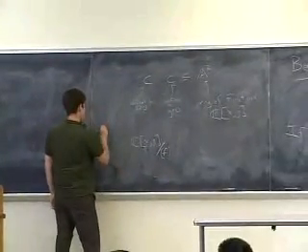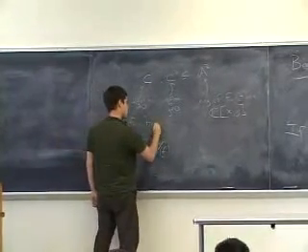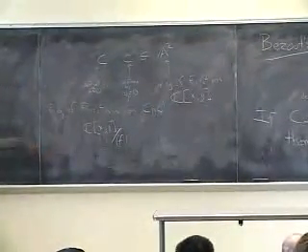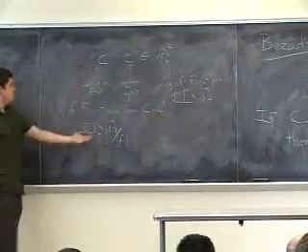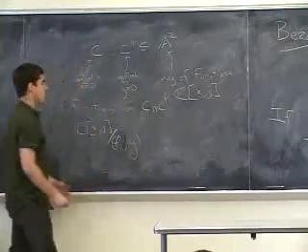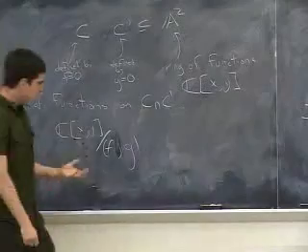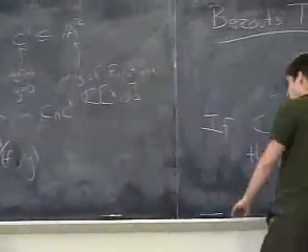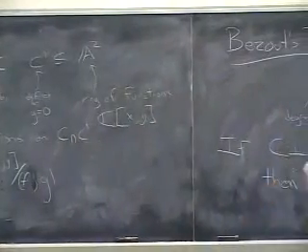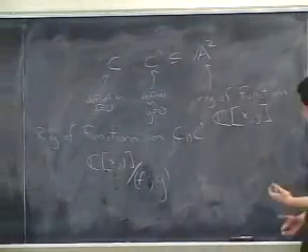So the ring of functions on C intersect C prime should be something like this polynomial ring, but divided out by both the defining equation of C and the defining equation of C prime. So this is the ring of functions on C intersect C prime, where the intersection is interpreted scheme theoretically, not just set theoretically.